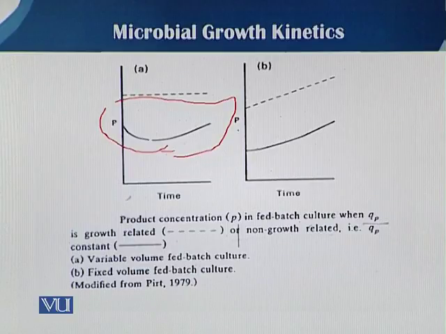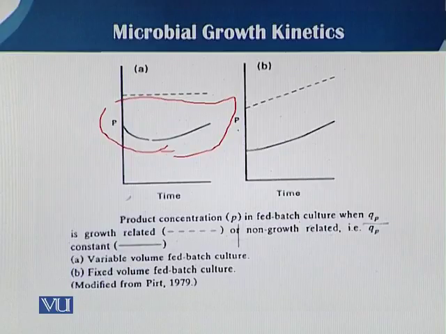In the fixed volume case, sometimes due to fluctuation the product concentration can vary, but it gradually increases, though almost remains constant.